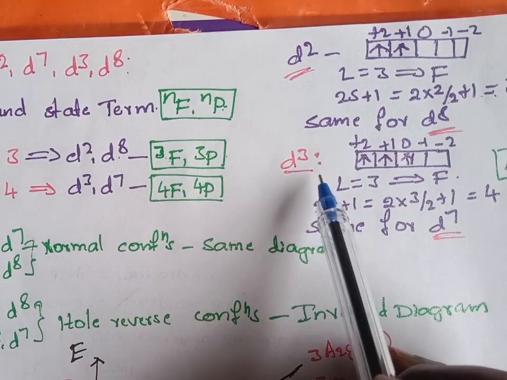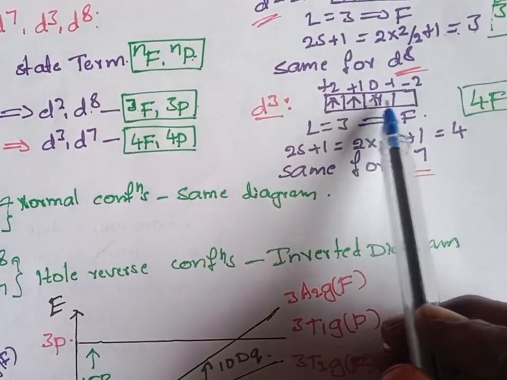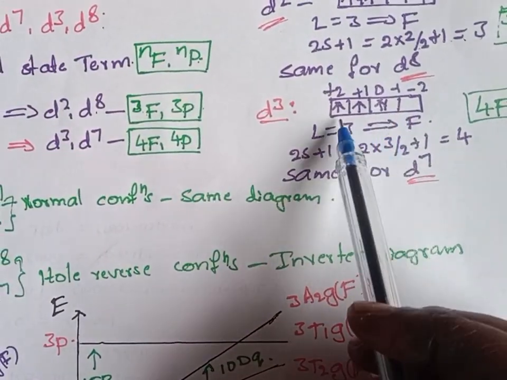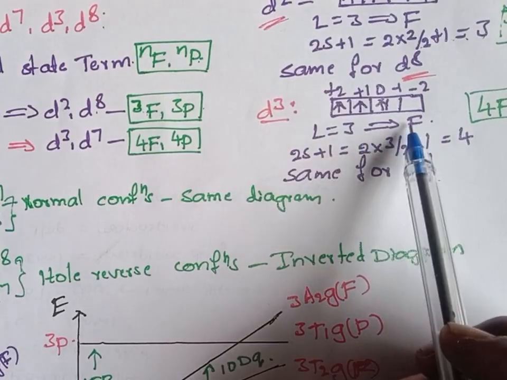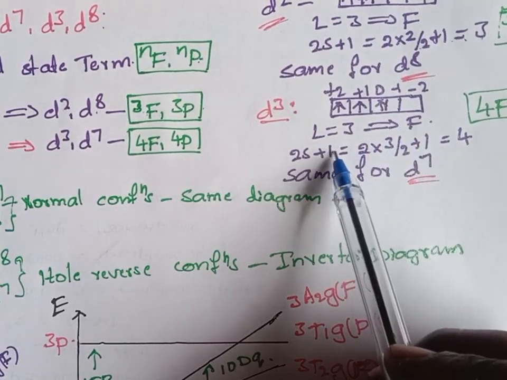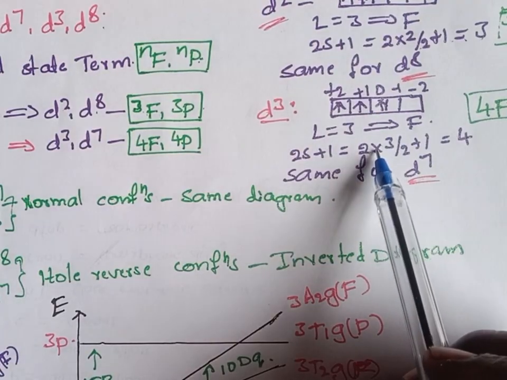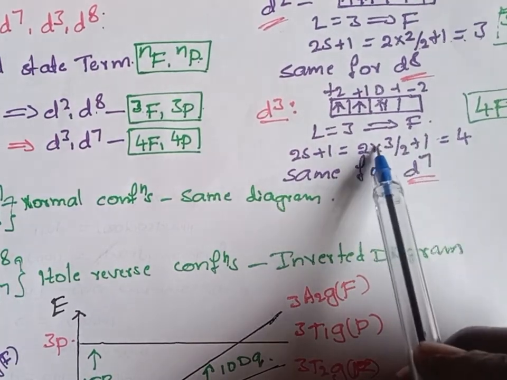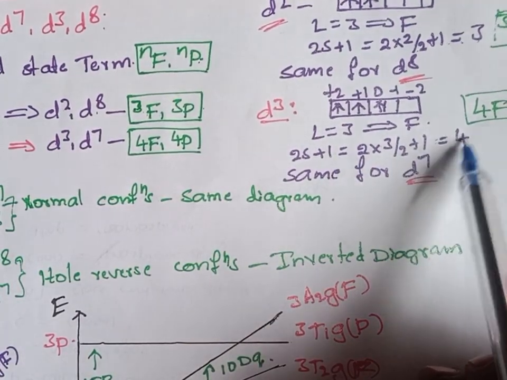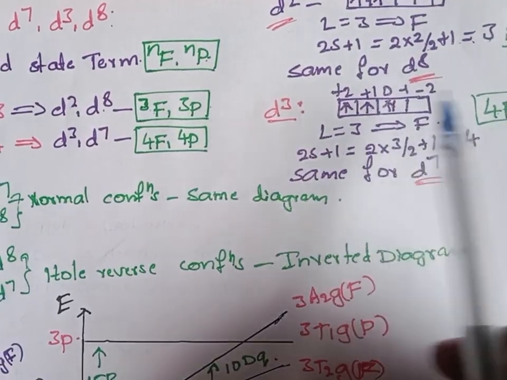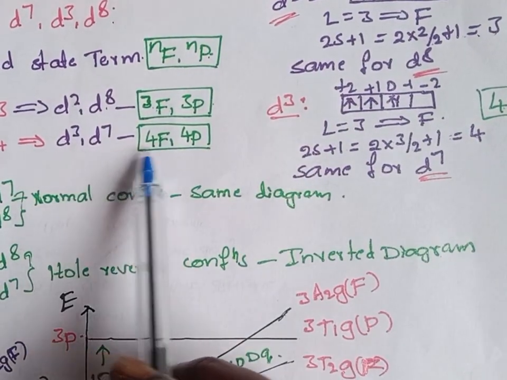And for D3, 3 electrons are there, and L is 3, so the term obtained is F. 2S plus 1 will be different. 2 into 3 unpaired electrons, right? 3 by 2 plus 1. So the spin multiplicity is 4. So 4F is the ground state term for D3, D7.